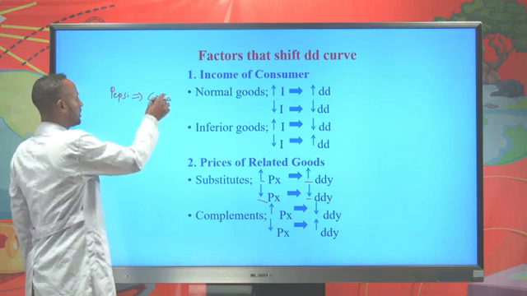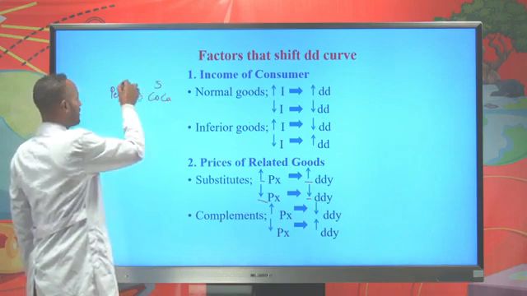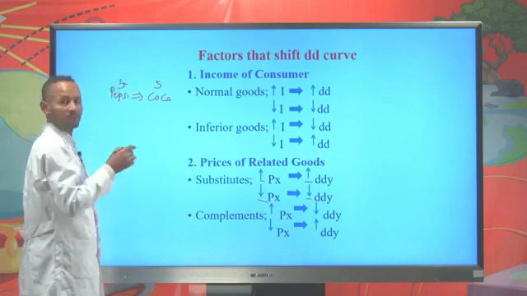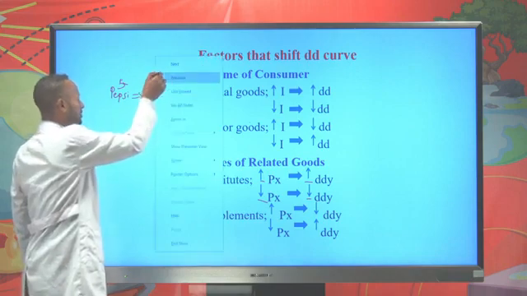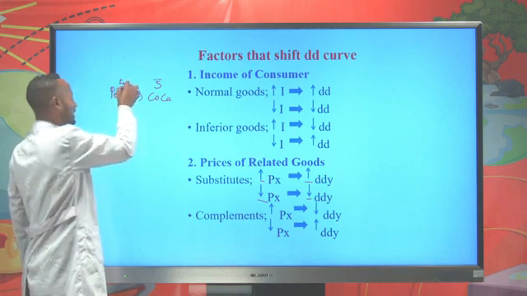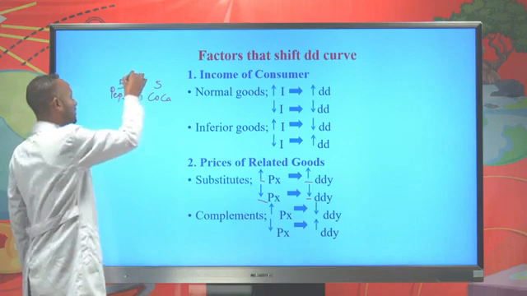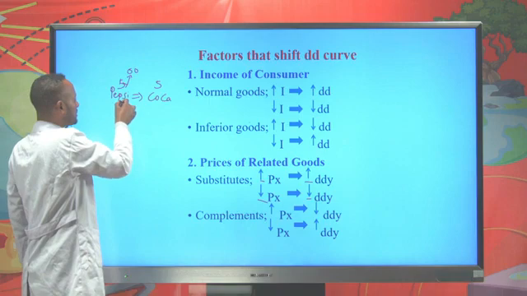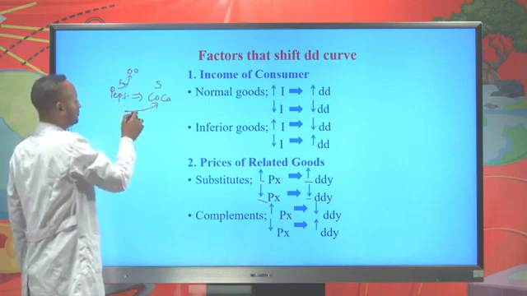Now, the price of Pepsi is 5 birr and the price of Coca is 5 birr. If the price of Coca remains unchanged at 5 birr, and there is a rise in the price of Pepsi only, from 5 birr to 50 birr, consumers of Pepsi will shift their consumption of Pepsi to consumption of Coca.